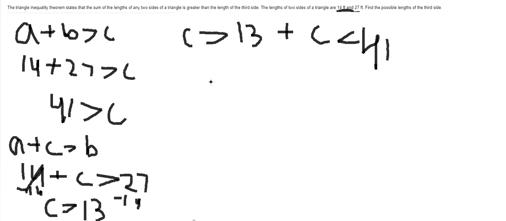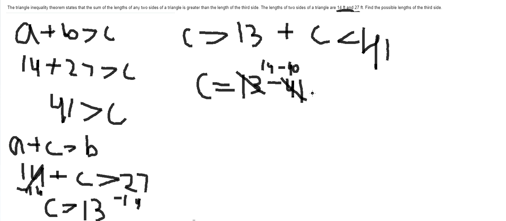So basically the answer to this question is C is a number between 13 and 41. But that doesn't mean that 13 and 41 are included, since 13 and 41 are not included.